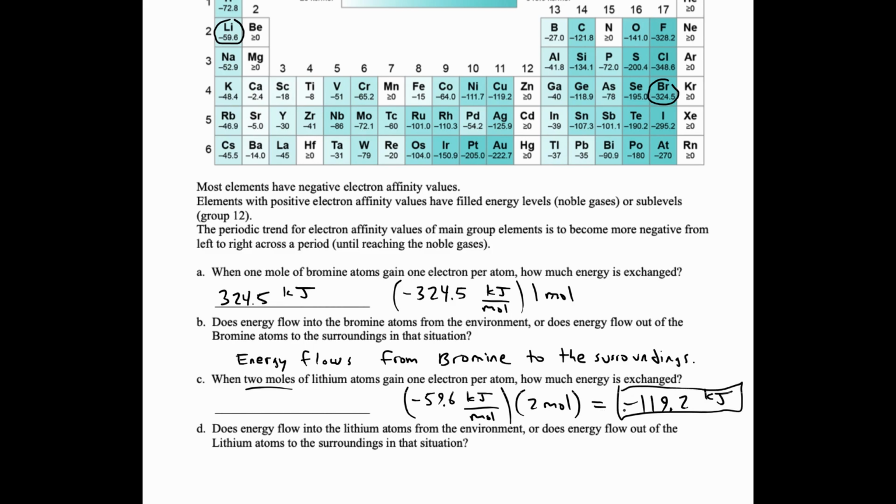The negative indicates that energy flows out of the lithium, but just the size of the energy is 119.2. And we'll say here that energy flows from lithium to the environment when lithium atoms gain an electron.